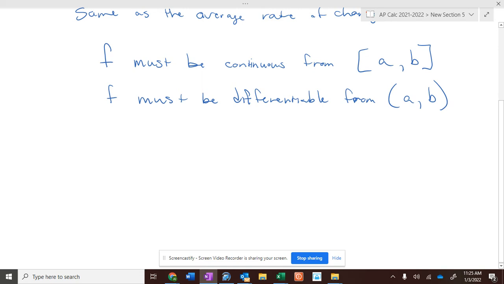So the mean value theorem is this. Just relax. We're getting there. F of B minus F of A over B minus A. This is the average rate of change.